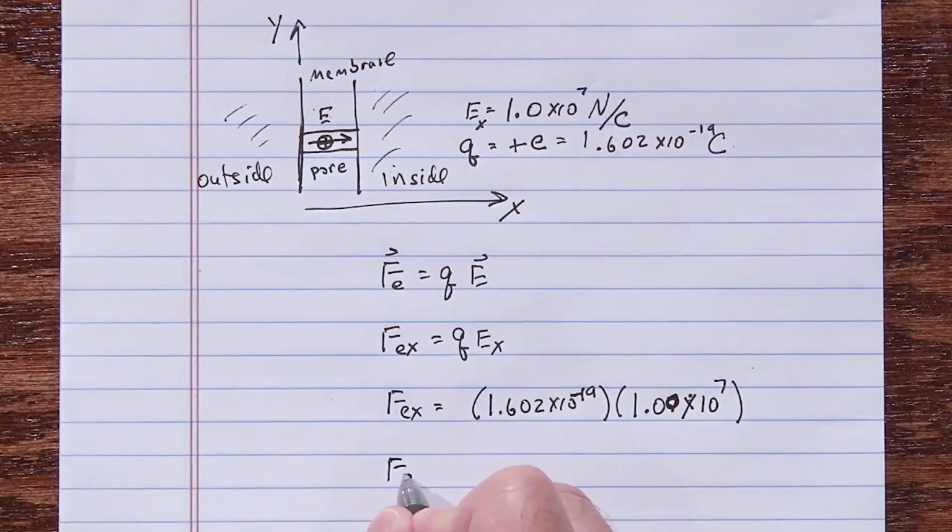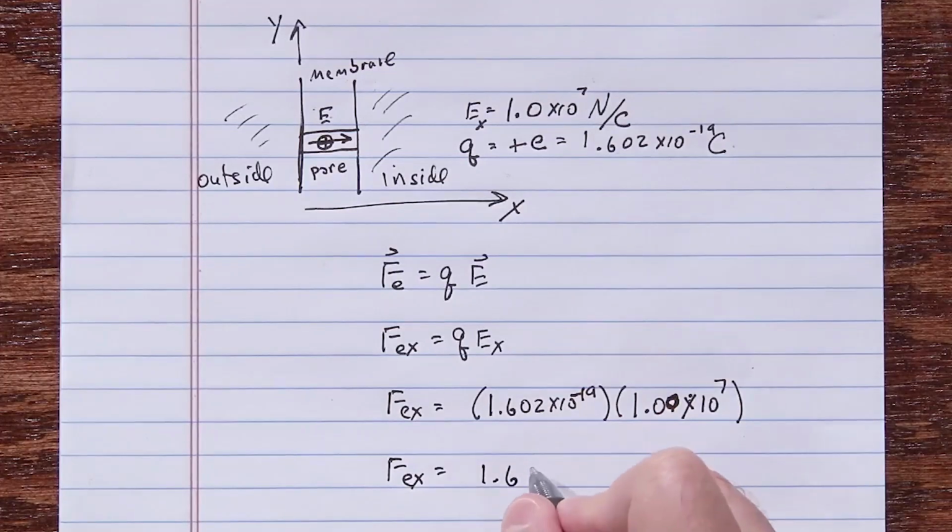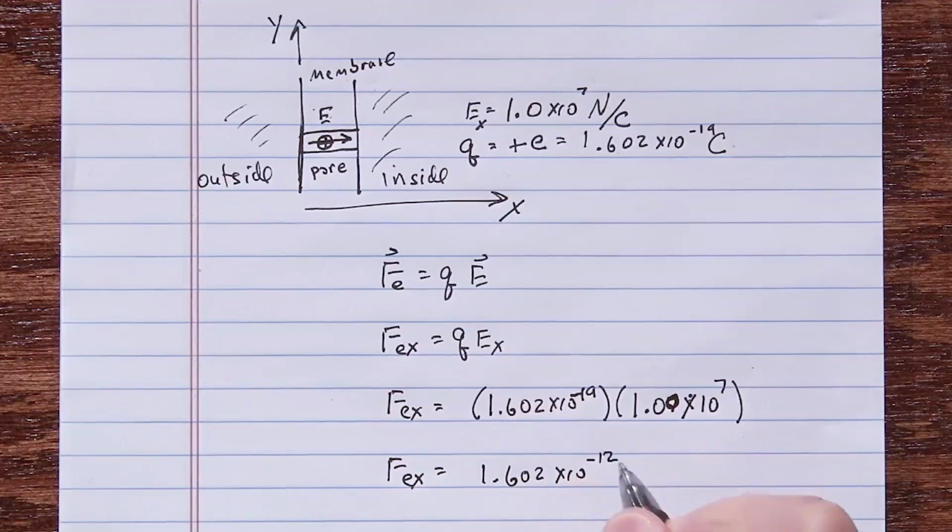So F_EX is going to be 1.602 times 10 to the minus 12 newtons. So we've answered what is the magnitude of the force, which is 1.602 times 10 to the minus 12 newtons. And we've also identified it as being in the positive x direction.